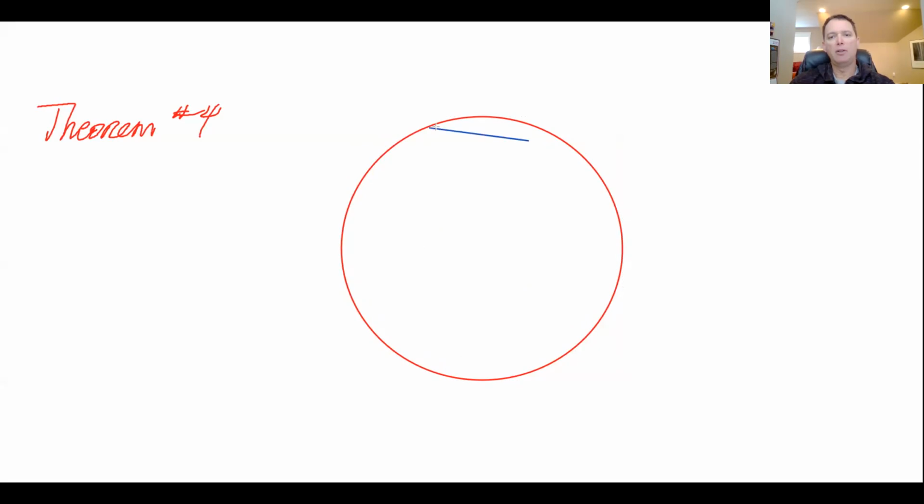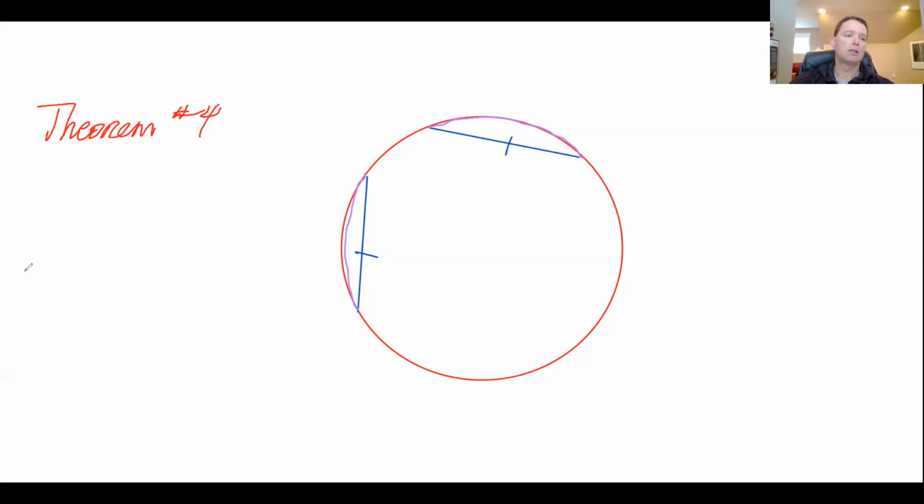If I have two arcs that look like that, and those arcs happen to be congruent, then I can conclude that also congruent are, did I say arc? Let me back up. If I have two chords that are congruent, then I know that the arcs produced by those chords are also congruent.